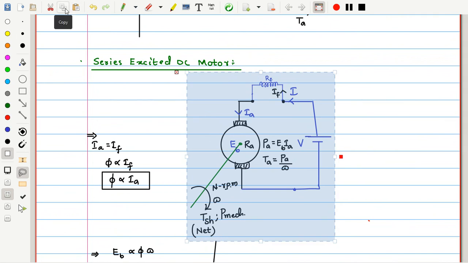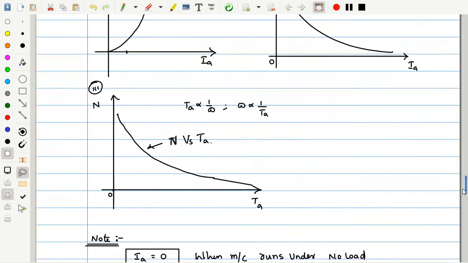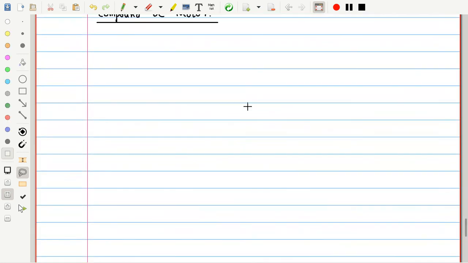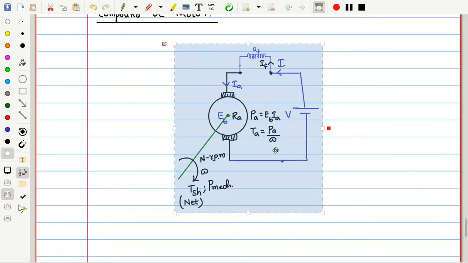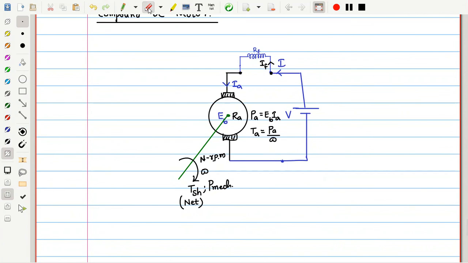Once you have the awareness of the DC generators, it is easy to interpret the shunt, series, and compound machines. So here this field winding I will call the series field winding. We know that here two field windings are there, RSE, and this current I will consider as ISE, the series field winding current.